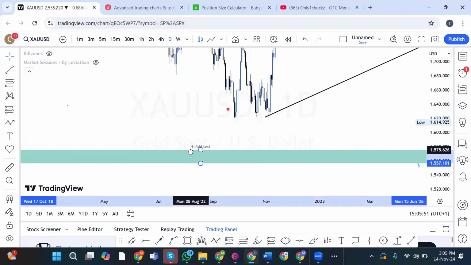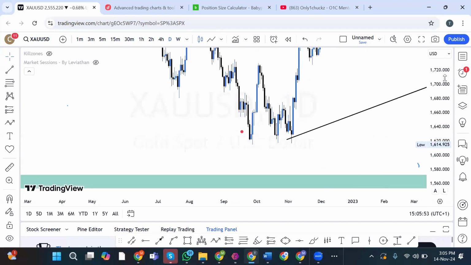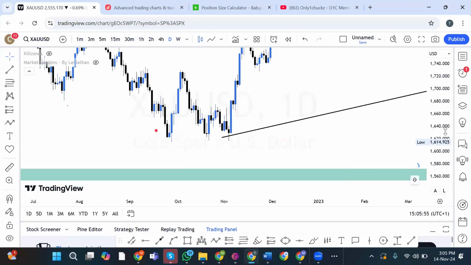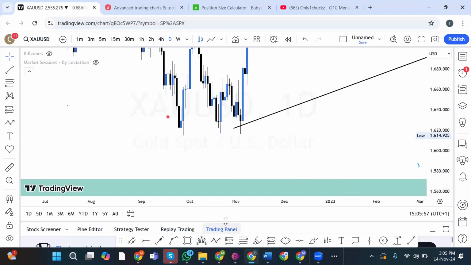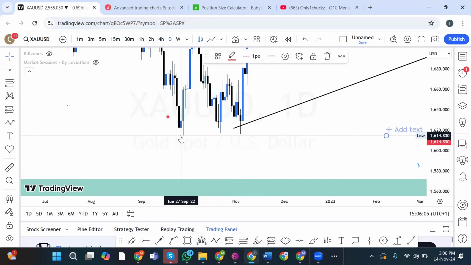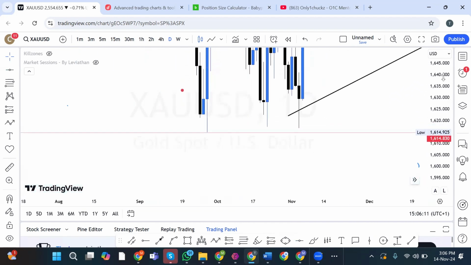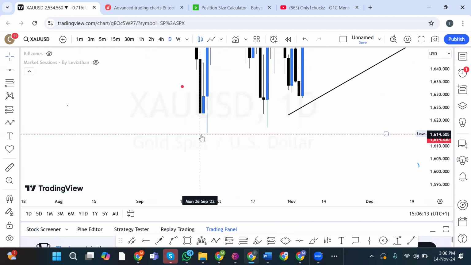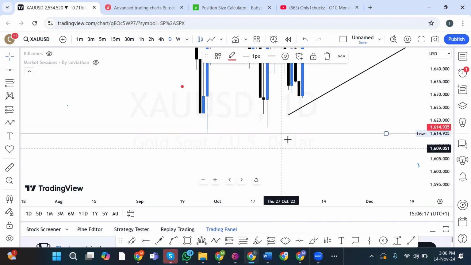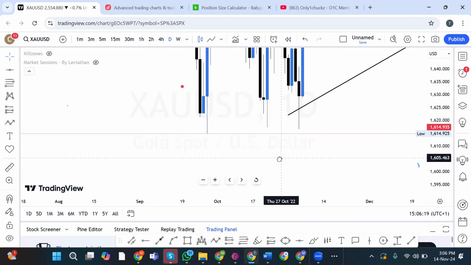Now, if you look at the price delivery here, I'm going to first catch the wicks. This is the first one. You see that this one didn't get here. The second one did not get to this wick, and the third one did not get there.